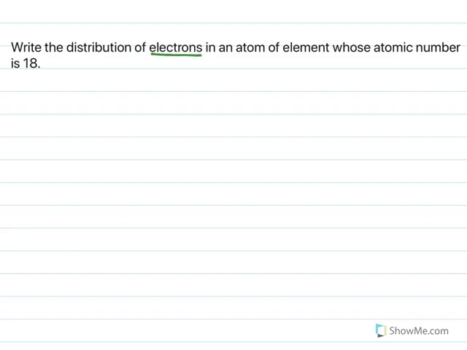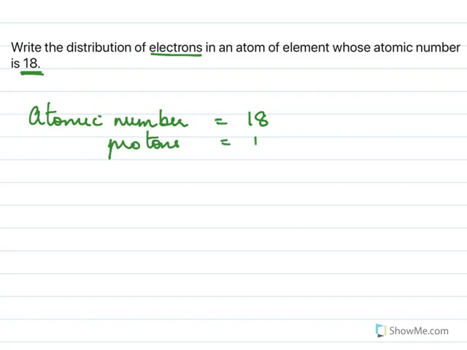Write the distribution of electrons having atomic number 18. So atomic number 18 means protons 18. Protons 18, electrons also 18. So let's distribute them. K, L, M, maybe N also.